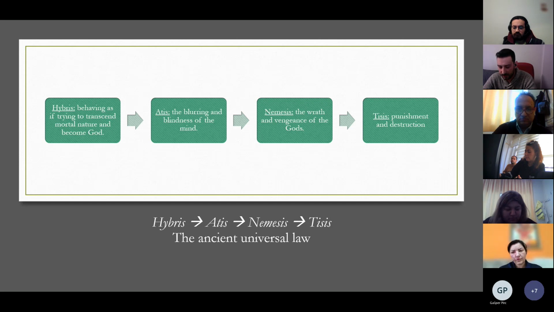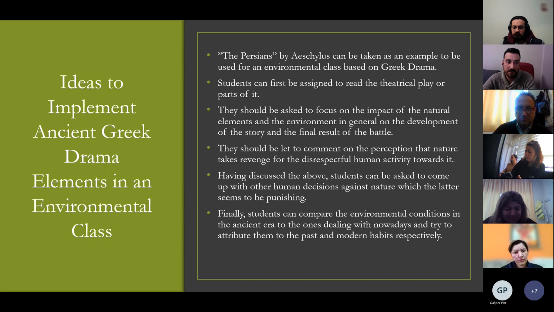So now approaching towards the end of our presentation, we will use the play by Aeschylus called The Persians to share some ideas on how to implement ancient Greek drama elements in an environmental class. Of course, these ideas mainly depend on the age of our students.